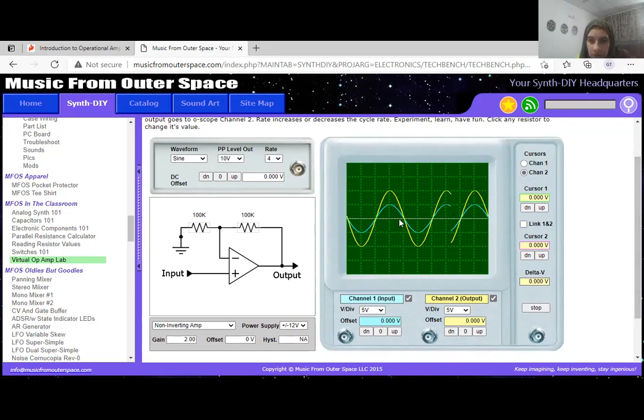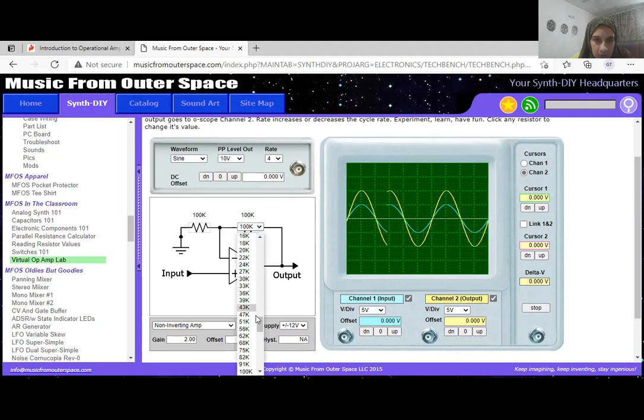Okay, so now our input is coming on the blue channel, and each division of those squares is equal to 5 volts. So you can see that the input blue is 5, while the yellow one is 2 divisions, which means it's 10. So we have a gain of 2. Now let's try to play with this gain.